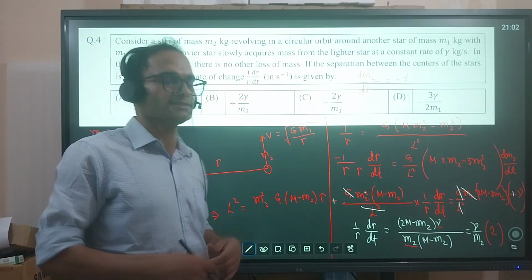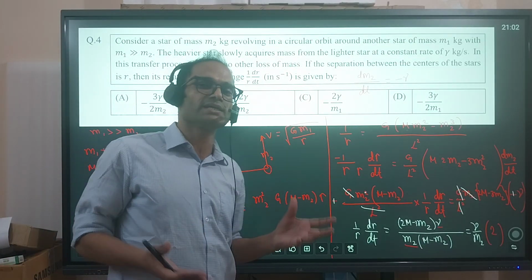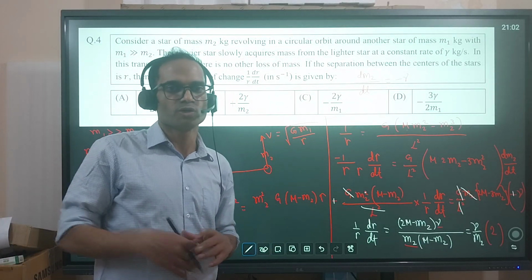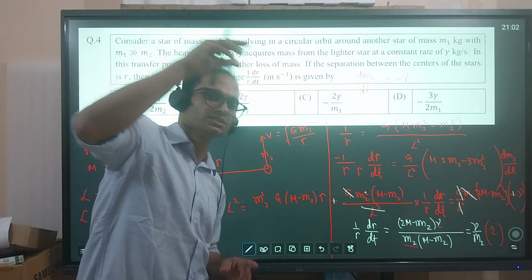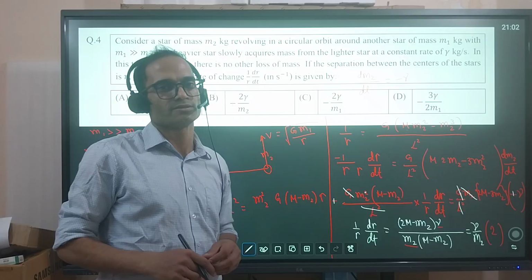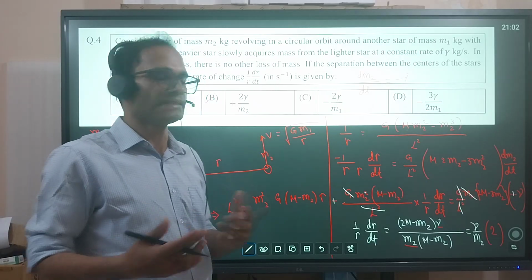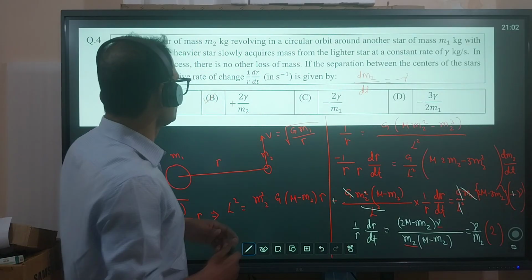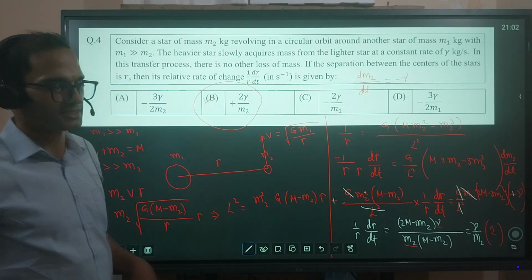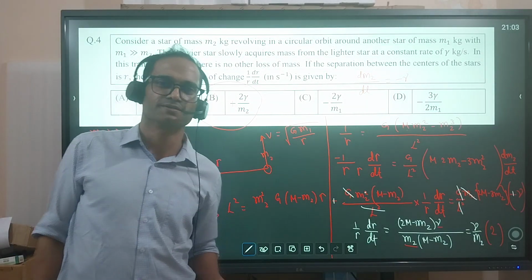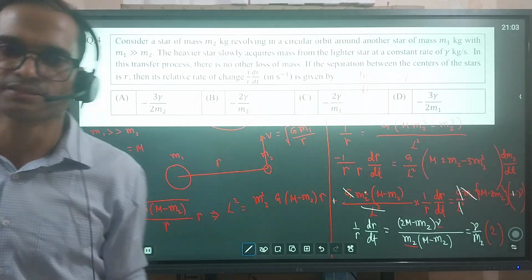How is the kinetic energy increasing? Actually the potential energy is decreasing because mass lost from M2 is going to M1. In this process kinetic energy is lost. So I am sure that the answer will be with a plus sign, but let us see what IIT says. Okay, it looks like some mistake.